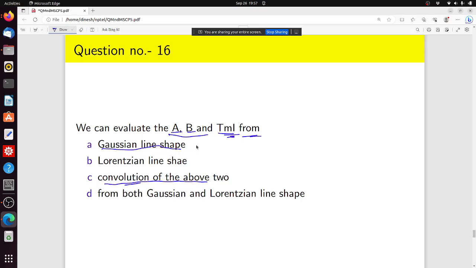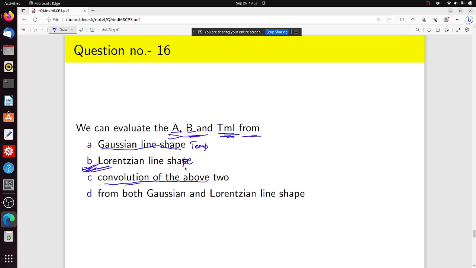That means some external factors like temperature, pressure will also contribute. In that case, it will be very hard for you to calculate these factors directly. So the best option will be the Lorentzian shape, because it depends only on the intrinsic property of the molecule. There is no external factor involved. So the Lorentzian line shape will be the best to calculate these factors.